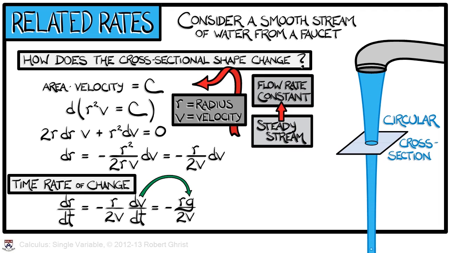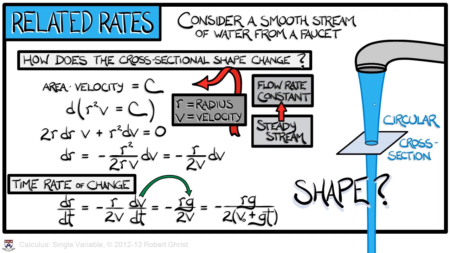Well, since dv dt is a constant, since the water is falling under the influence of gravity, dv dt is exactly g. And so we get dr dt equals negative r times g over 2v. We could simplify that, knowing what we know about v, to negative r times g over 2 quantity v naught plus g times t, where v naught is the initial velocity coming out of the faucet.